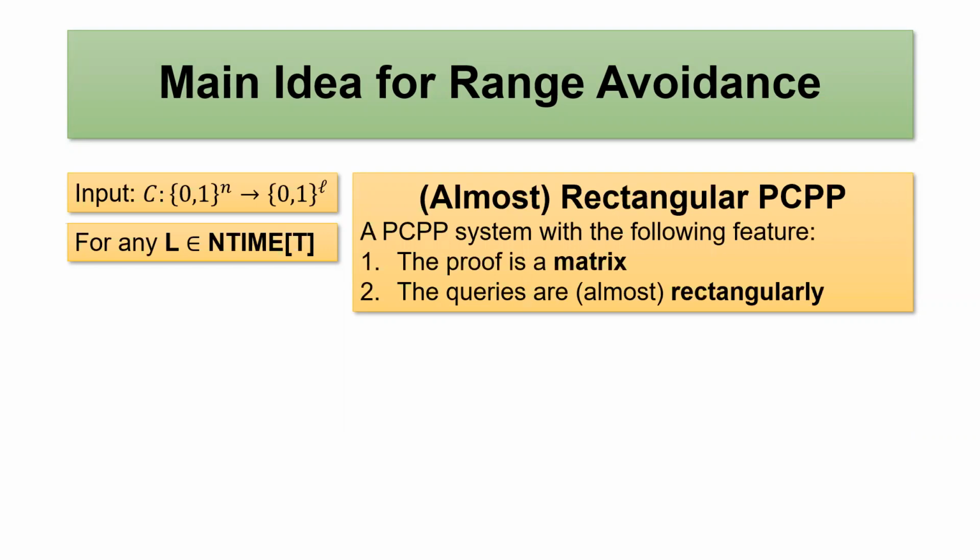You can just think of it as a PCP. And rectangular means that, first, the proof is a matrix. And second, the queries are generated rectangularly, which means that the random seeds for generating the row indices and the column indices are independent.